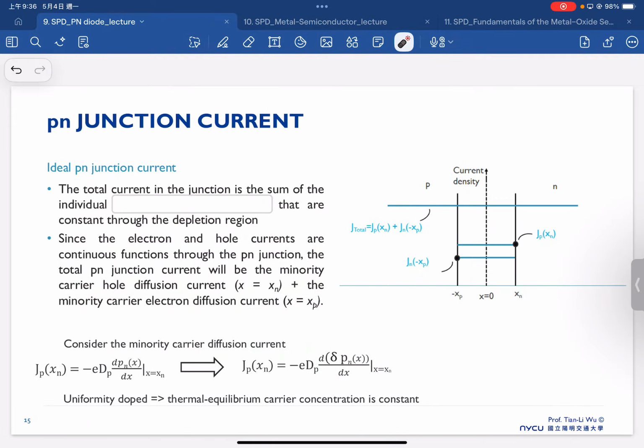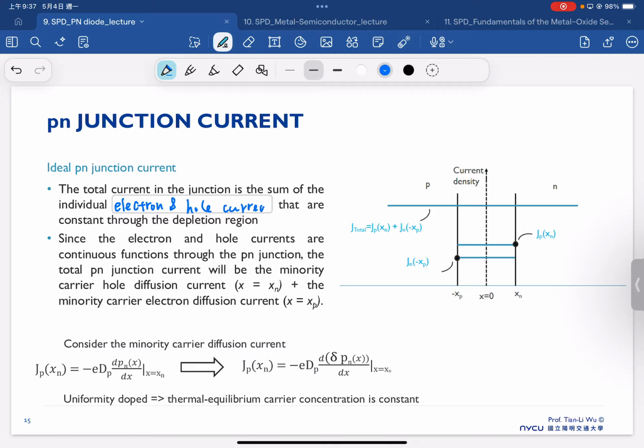So the total current in the junction is now the sum of the individual electron and hole currents.